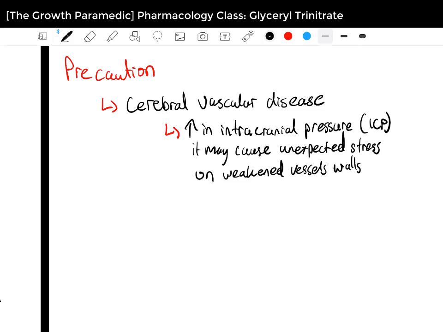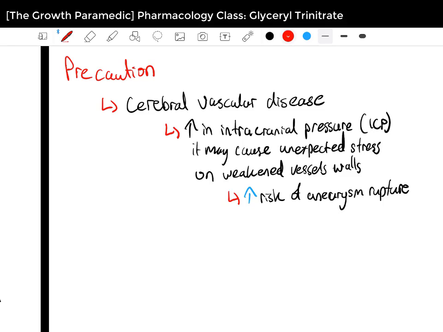And because of this, it can lead to a greater risk of aneurysm rupture. So that's just the main thing. If you're giving this GTN to a patient with cerebrovascular disease, that can bring the risk of increased ICP, and that then increases the risk of aneurysms and aneurysm ruptures.